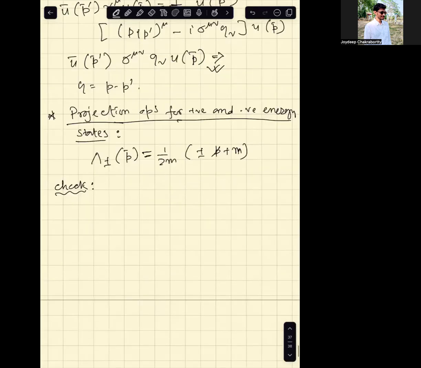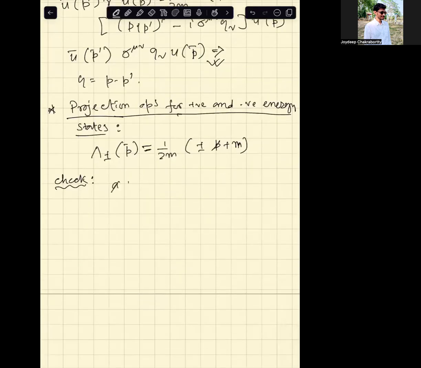So a slash b slash you can write as 2 a.b minus b slash a slash. Here a.b stands for the usual dot product notation, and a slash is a_mu gamma^mu, which was defined earlier.